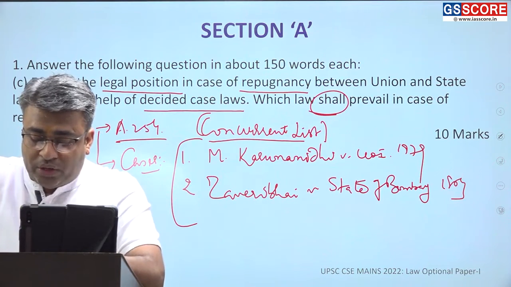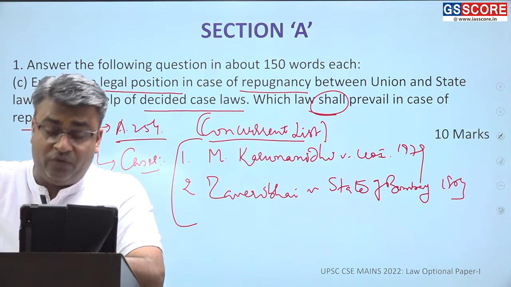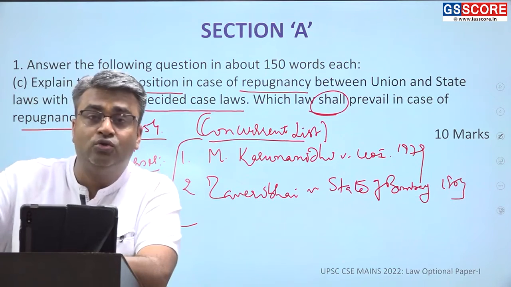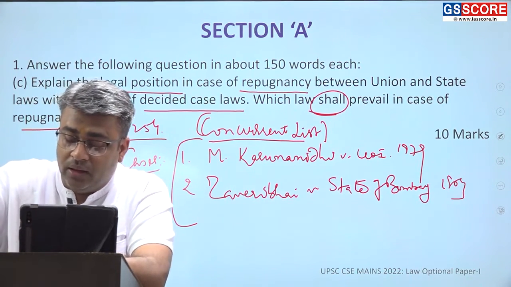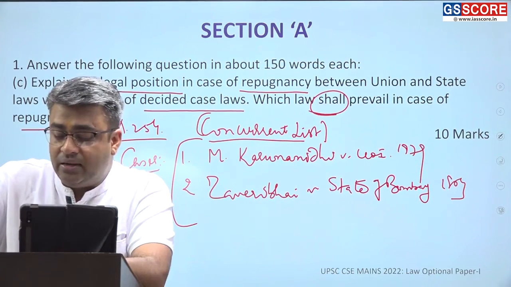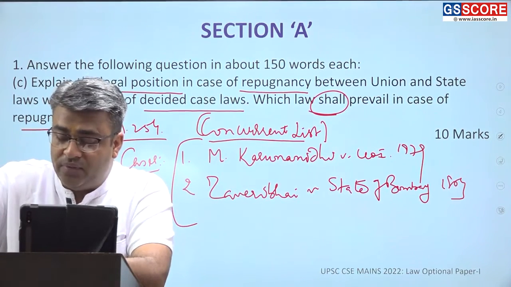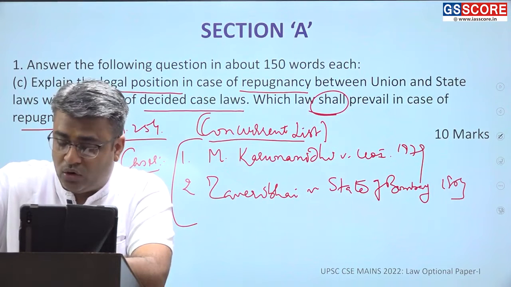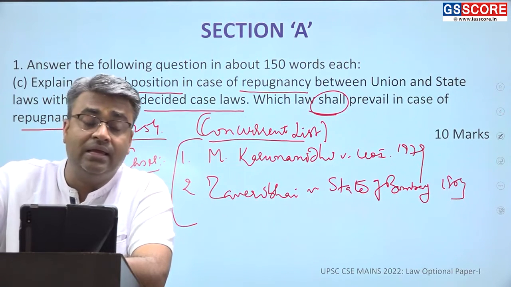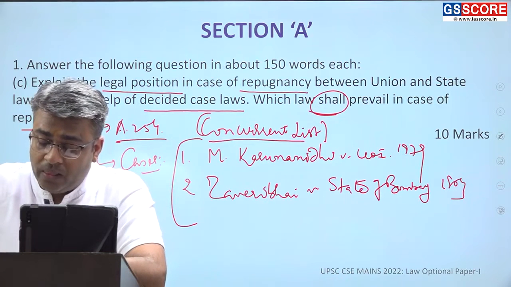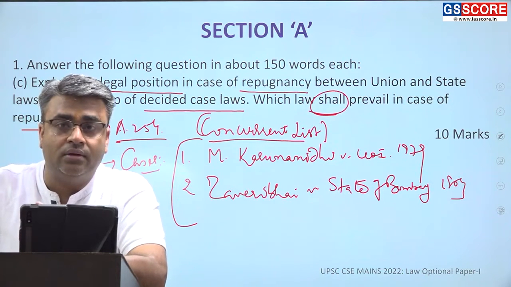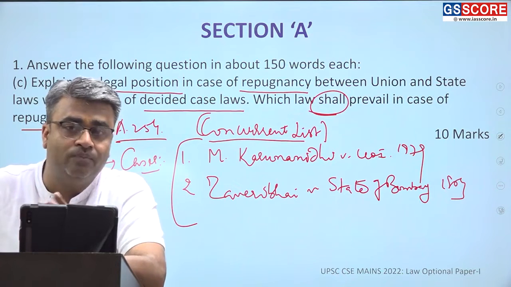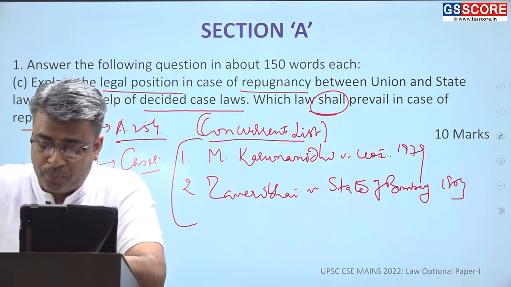Before applying this doctrine of repugnancy, first of all, repugnancy would arise between two statutes in a specific situation, and the situation is, it must be shown that there is a clear and direct inconsistency between the two enactments, the central and the state law, which is irreconcilable, so that they cannot stand together or operate in the same field. So this irreconcilable provision between the state and the central law is one of the issues.